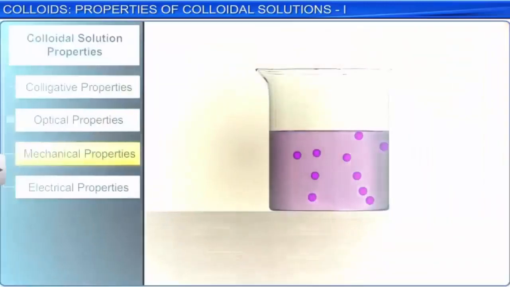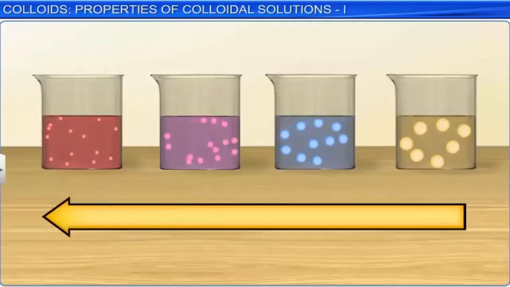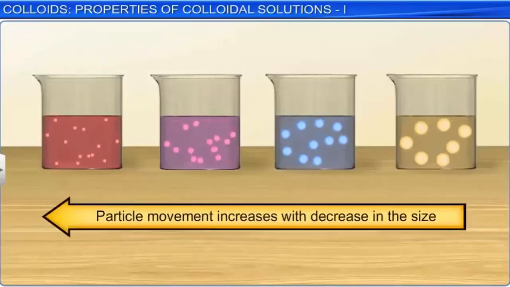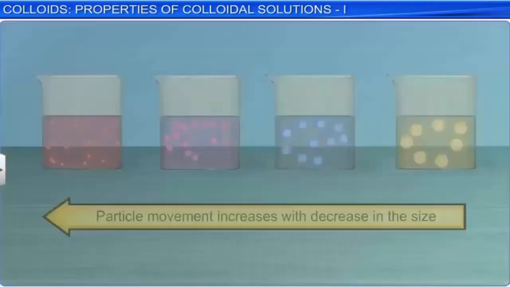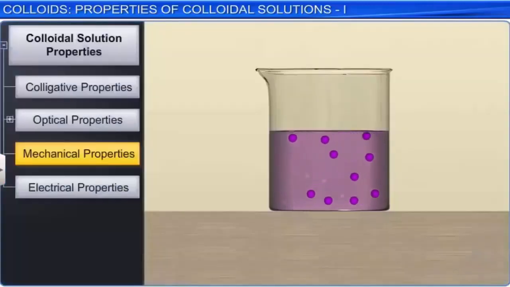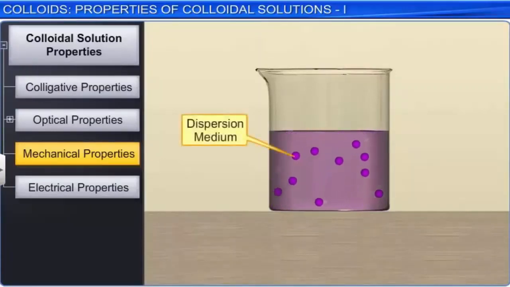The movement of colloidal particles increases with a decrease in their size and in the viscosity of the medium. Brownian movement is caused by the bombardment of the molecules of the dispersion medium against the colloidal particles of the dispersed phase from all sides with unequal and unbalanced forces.